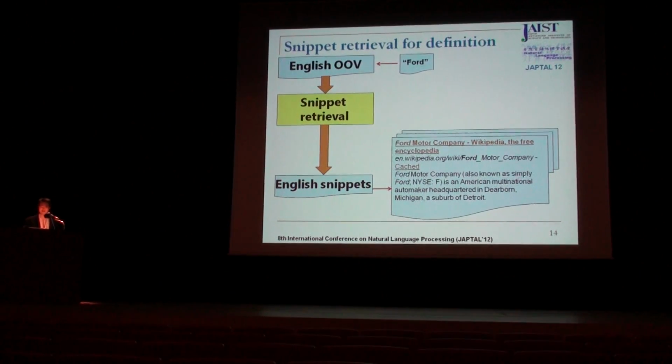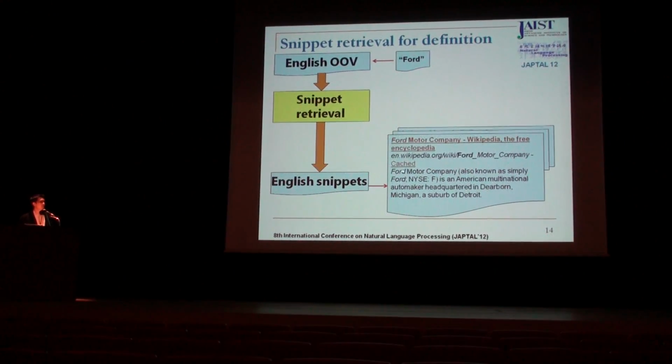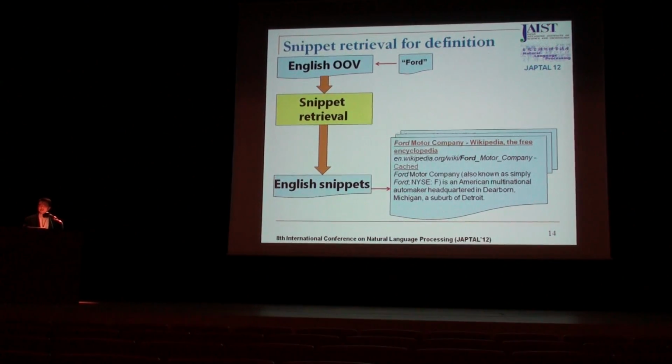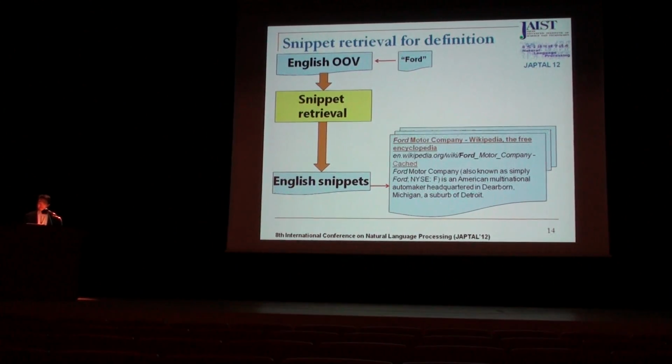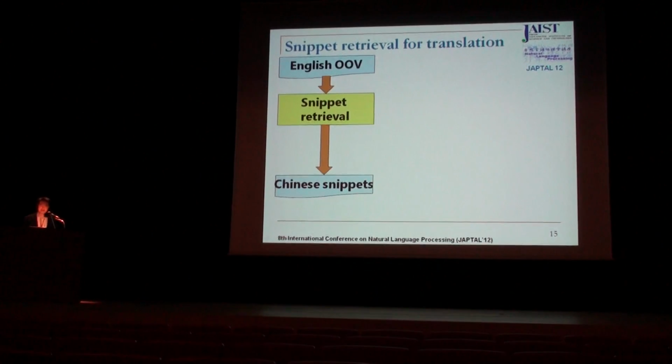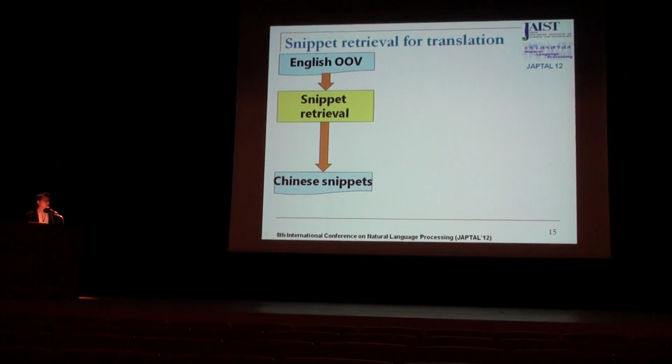So here is a good example where we retrieve the definition of a Ford company, Ford Motor Company. And then the second step is the snippet retrieval.